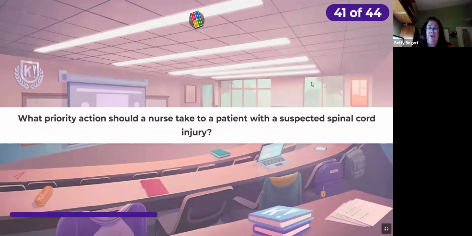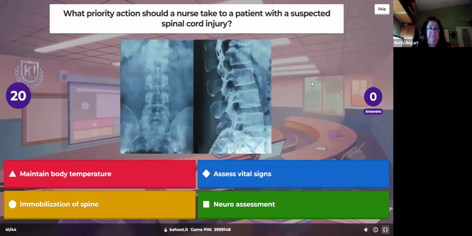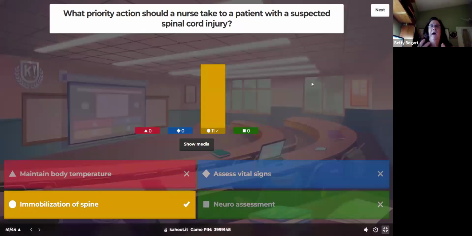What priority action should a nurse take for a patient with suspected spinal cord injury? Remember, when you have any suspicion of a spinal cord injury, if you're the nurse in charge of that patient, your responsibility is to keep that immobilized.